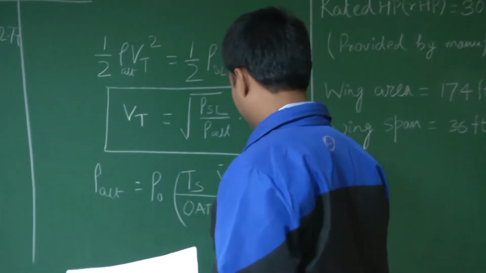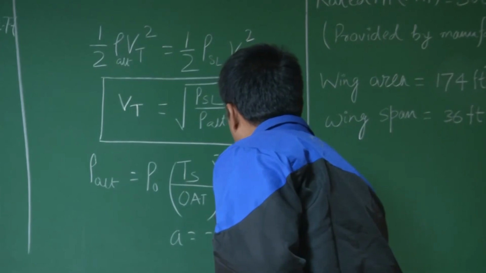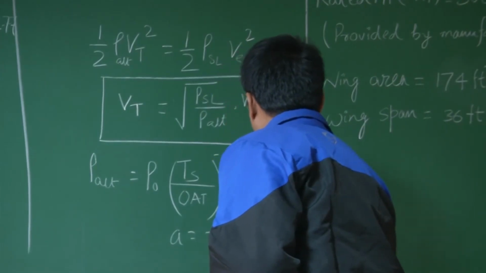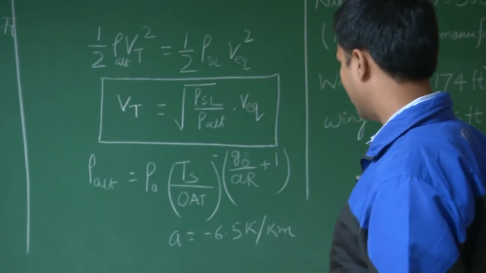Here a is the lapse rate, which you all know. I'll write the value: a equals minus 6.5 Kelvin per kilometer, and R is the specific gas constant, so you know about that.